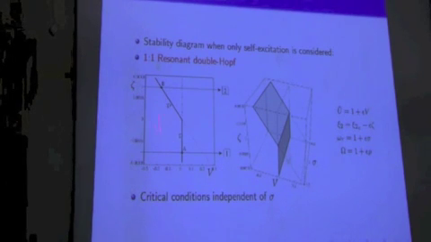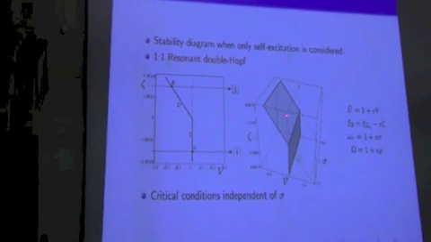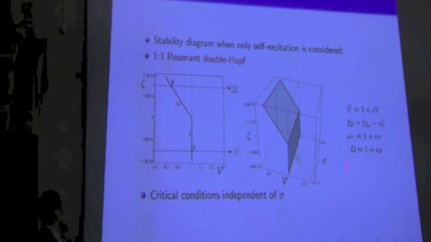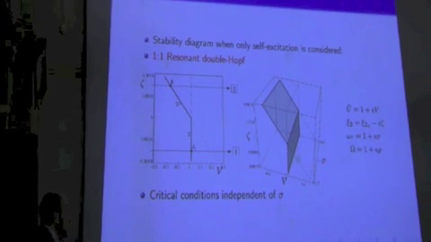And in this region we have stability of the trivial solution. Here we have two limits, which are pitchfork bifurcation limits, and here the solution is unstable. And these boundaries are independent of the internal detuning parameter. As you can see here, the planes are not changing in terms of sigma.